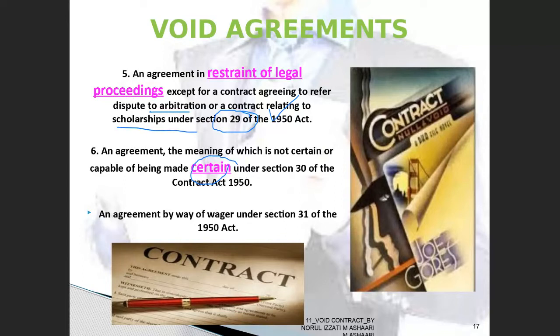And to make sure that the offer has the possibility to be accepted, it must also be certain. So when the wording is not certain in forming a contract, we can say that the contract is void under section 30. Okay, an agreement by way of wager under section 31, 1950, was also highlighted regarding void agreements.